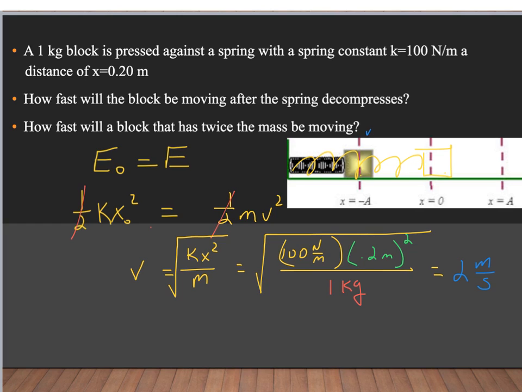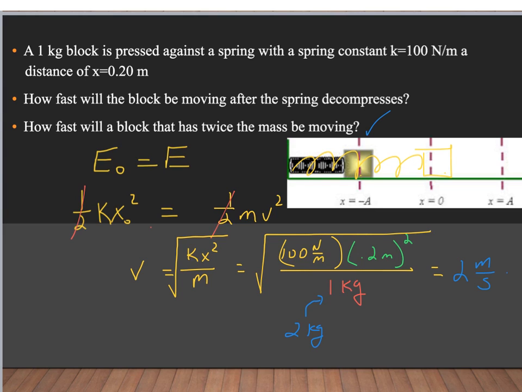So the second question is, what happens if the mass on the bottom is twice as much? Right. So just using your calculator, just plug in 2 kilograms on the bottom there instead. Right. So 0.2 squared is 0.04. Multiply that by 100. We get the 4. So when we divided that by 1 and square root it, we just got our 2 meters per second.